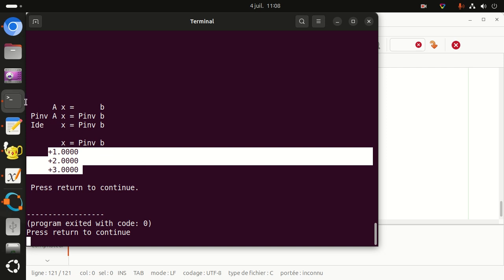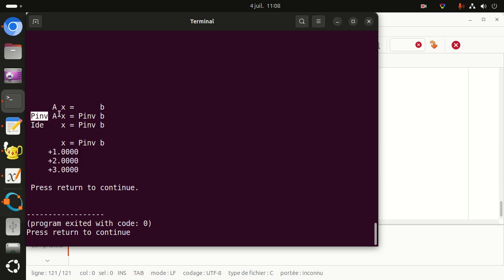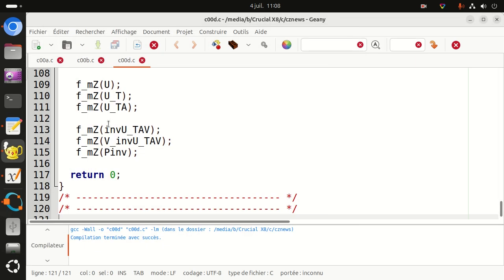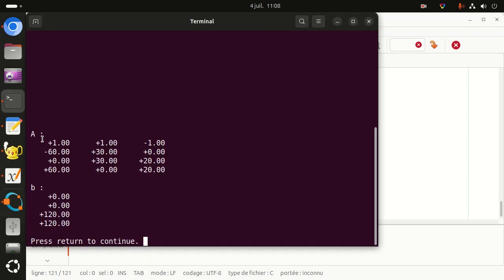You must use a pseudo-inverse. Why? Because A is not square. A has 4 lines and 3 columns.